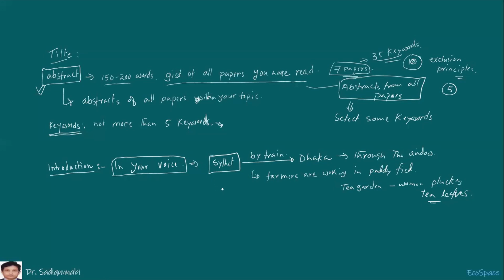And if I ask you to describe your journey, you are going to describe what you have seen through the window, right? It is not that you come down from the train and just work in the field or pluck tea leaves, or maybe you are seeing something.